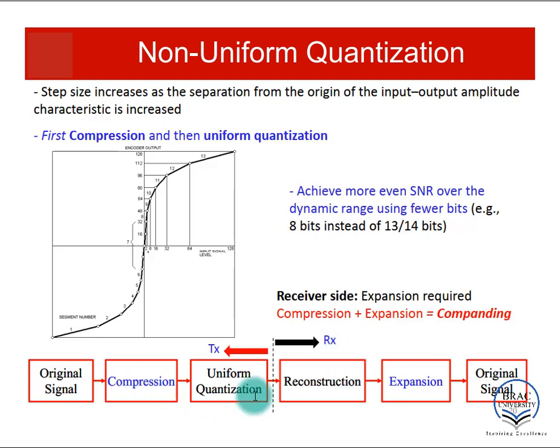They are the compression block on the transmitter side and the expansion block on the receiver side. These 2 operations together are called companding. Compression plus expanding, you can call it together a companding process. Using this style of compressing and then quantizing, we can achieve more SNR with fewer bits. Okay, more SNR with fewer bits.